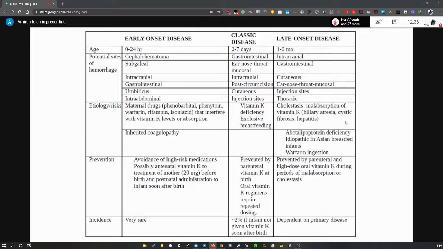We give vitamin K prophylaxis and we give enteral feeding. Once the baby is able to tolerate enteral feeding, we give breast milk. We never recommend preterm formula. I didn't see any guideline telling you to give preterm formula to avoid vitamin K deficiency.